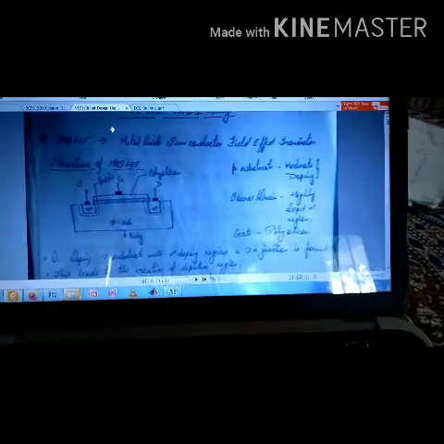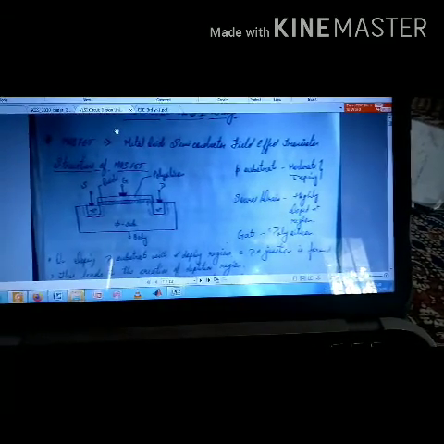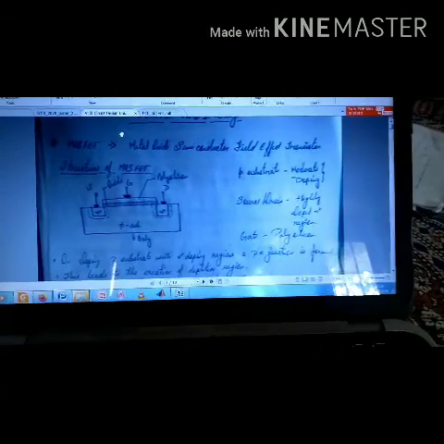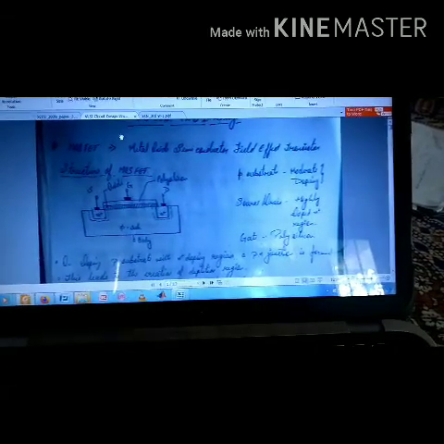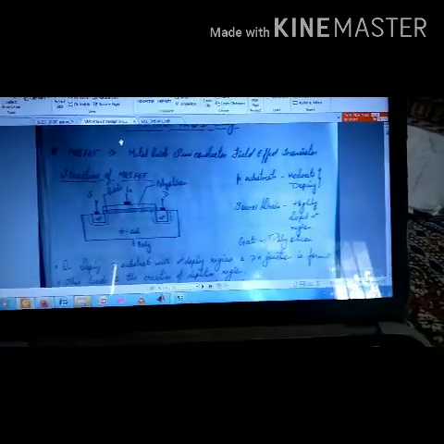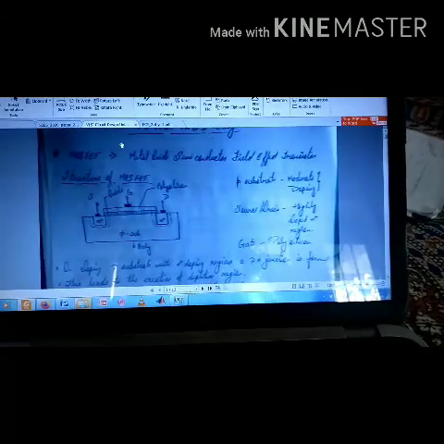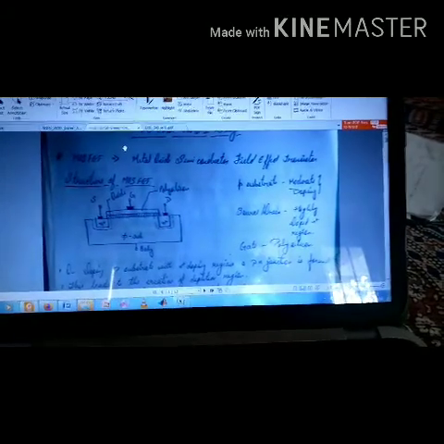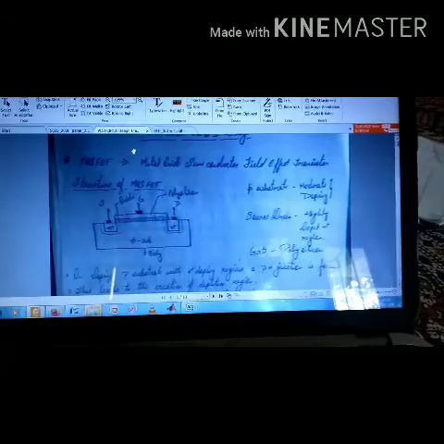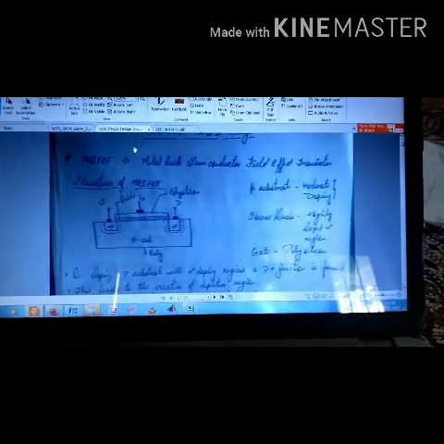If we closely focus on the name of the MOSFET, we will understand that first of all it is a field effect transistor, that is a transistor which works on the application of voltage, that is field, and the controlling parameter in this transistor will be voltage.